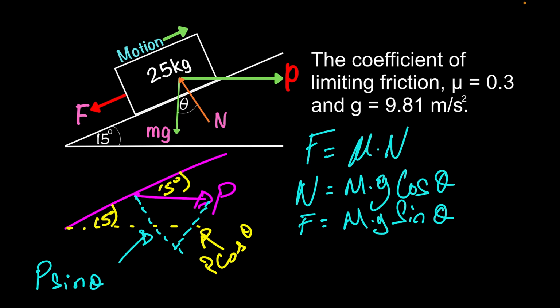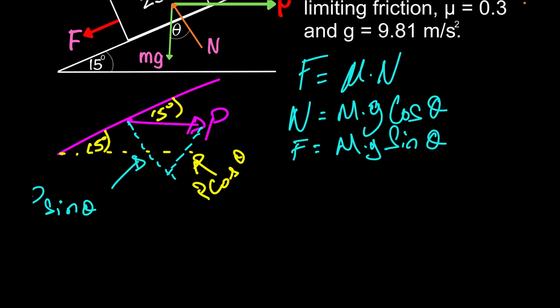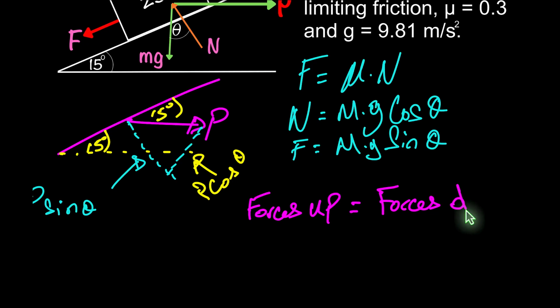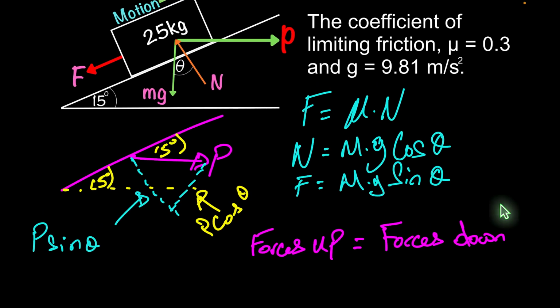So let's get into some deeper analysis. So the first thing that we're going to do is basically balance our forces. And to do that, we can say that the forces going upwards should be equal to the forces going down. Okay, so what that means is, if you look on our diagram here, the only arrow that we will have pointing upward would be this normal reaction force there.